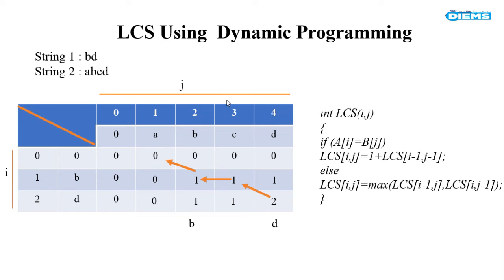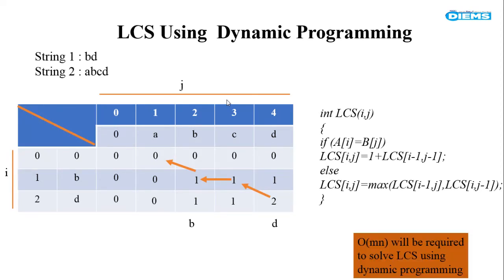Actually, this BD result we have already obtained by using recursion also. But what is the difference? The difference is in terms of time complexity, the running time which is required. In the previous example, when we were solving it with the help of recursion, the time required was exponential, right?